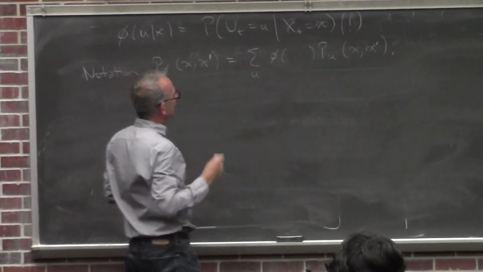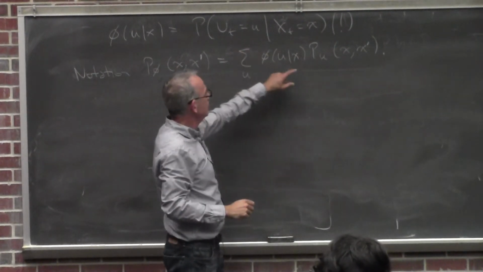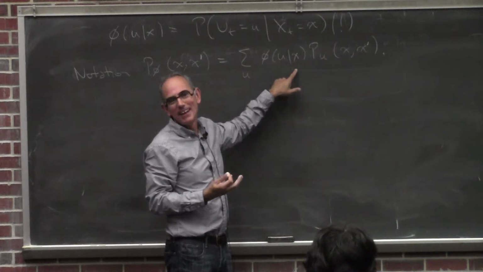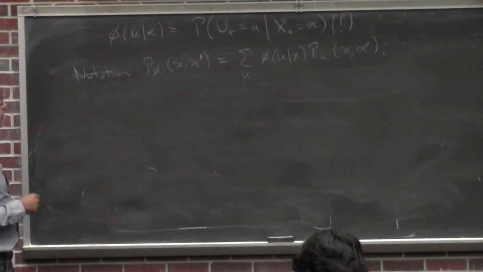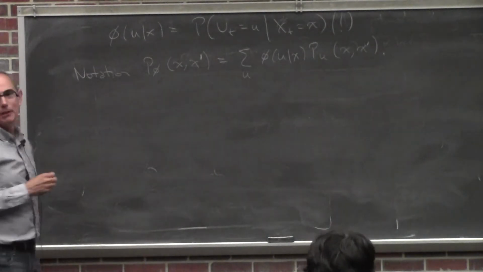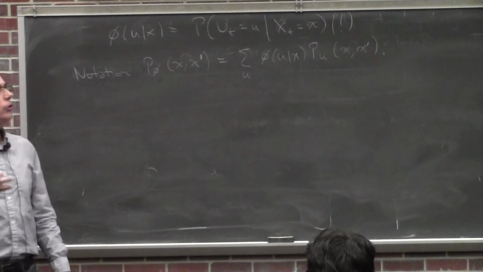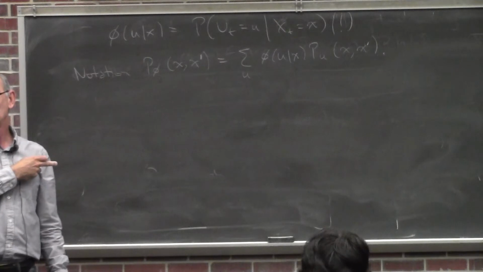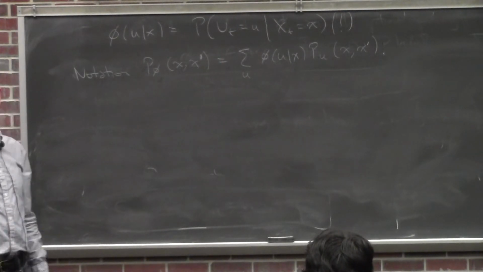Again, I hope you understand. Before I just plugged in, this was just 1 at one point, and so I just plugged in phi. Okay, so here is a class of G's. Phi of u given x was just 1 at a particular input u.